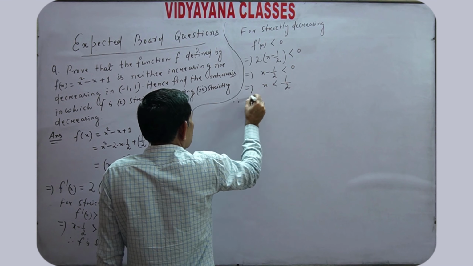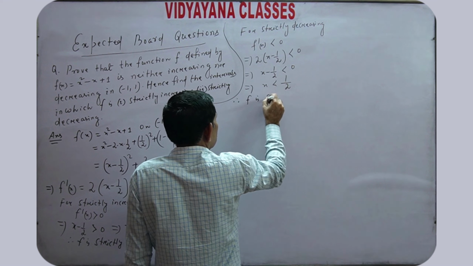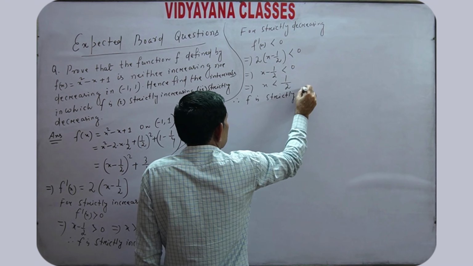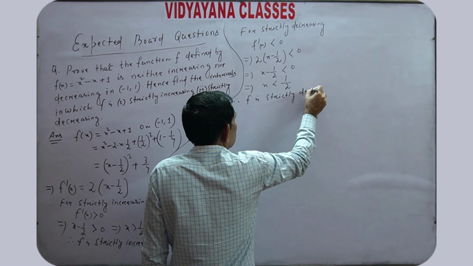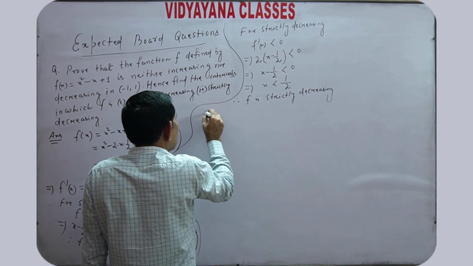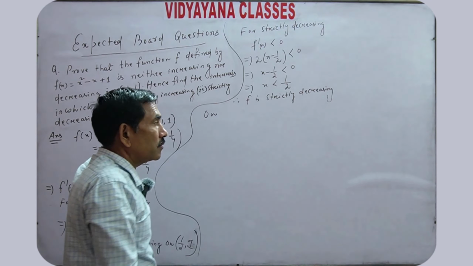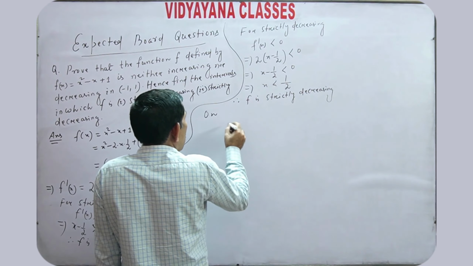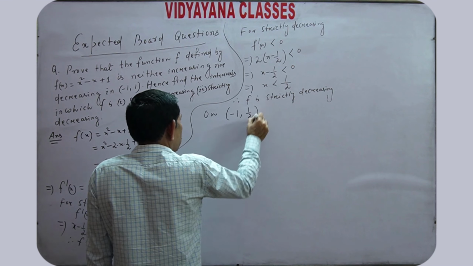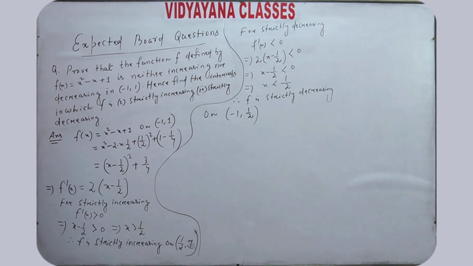Therefore, f is strictly decreasing on (−1, 1/2). Clear?